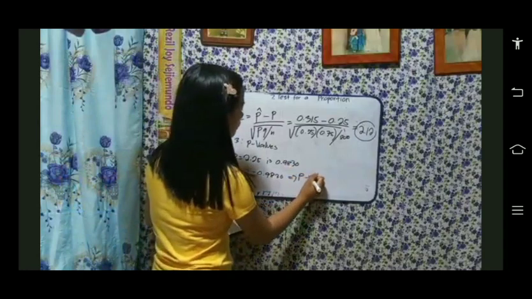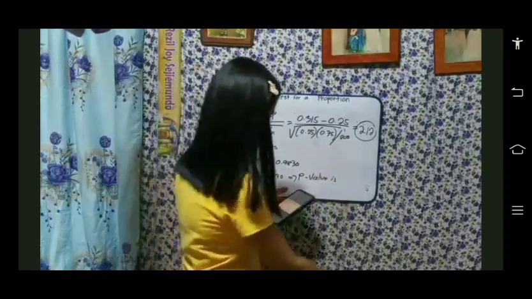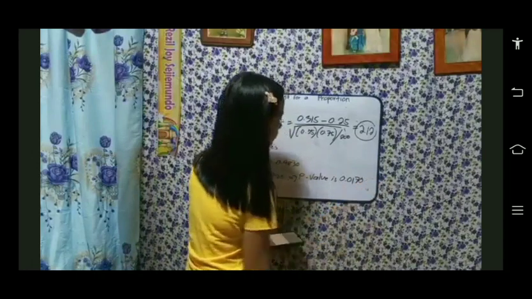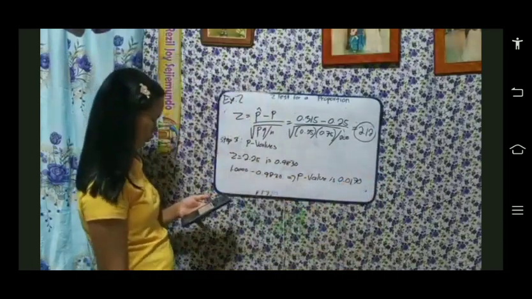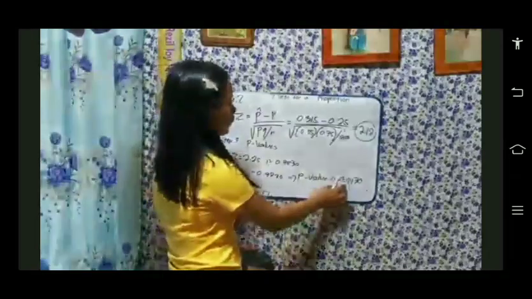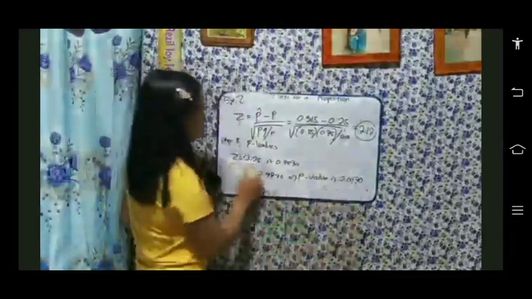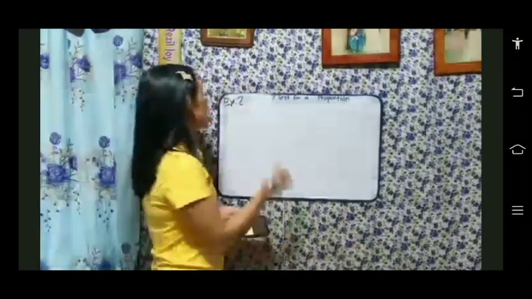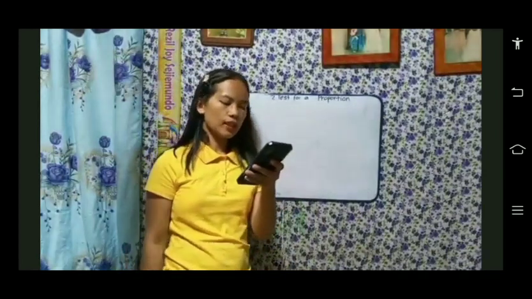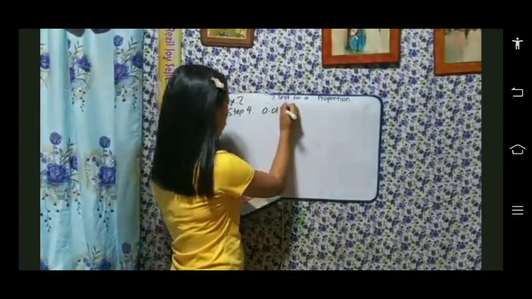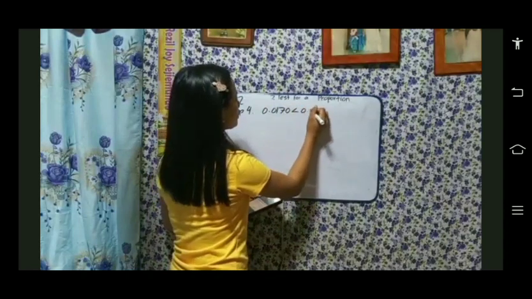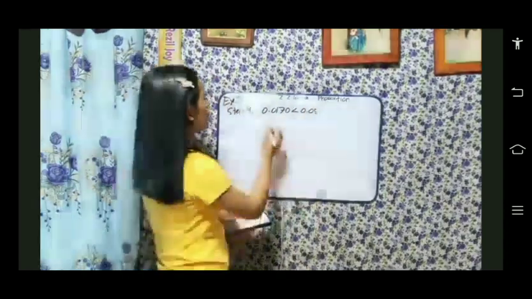So the p-value is 0.0170. Let's move to step 4. The p-value is 0.0170, and step 4 is to reject the null hypothesis since 0.0170 is less than 0.05. And that is the p-value.